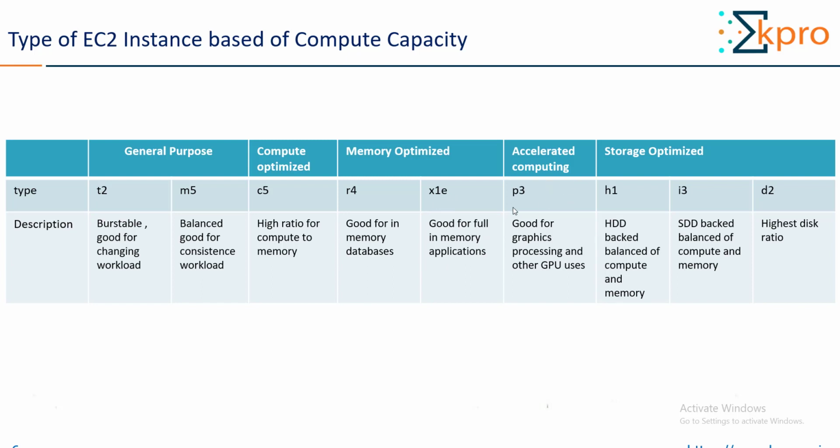Accelerated computing category: P3, good for graphics processing. Storage optimized: H1, I3 and D2. SSD backend, balance of compute and memory. SSD backend and high disk ratio. So as you work with different applications, you will go into detail and understand which instance type or category is required according to your application need.